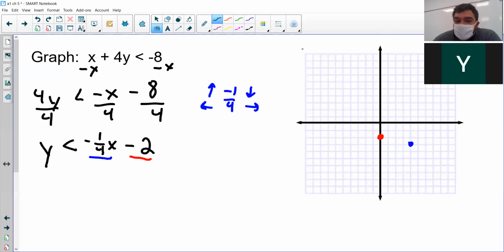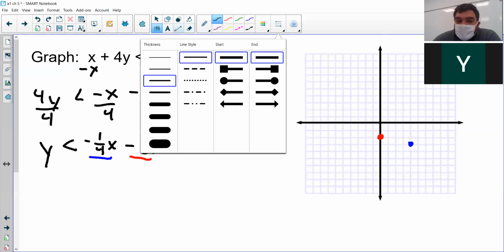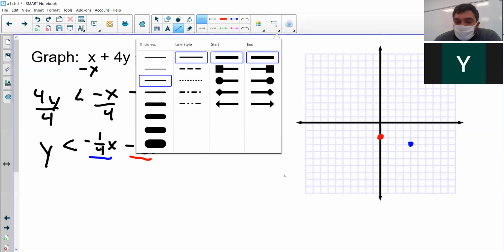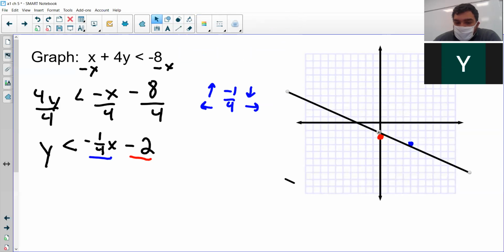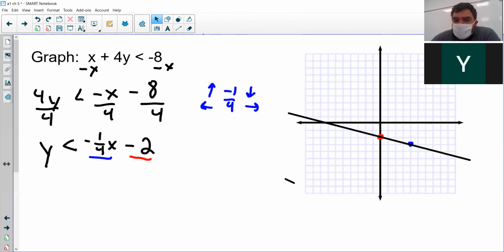I have 2 points. As soon as I have 2 points, I can make a line. So my line goes through 2 points. Now I have done graphing.